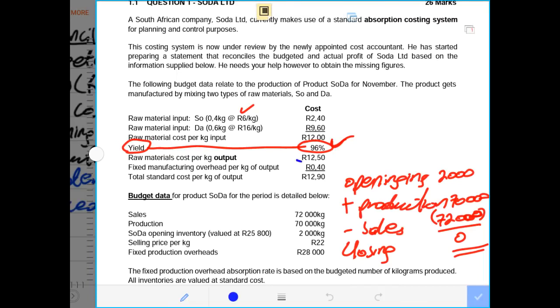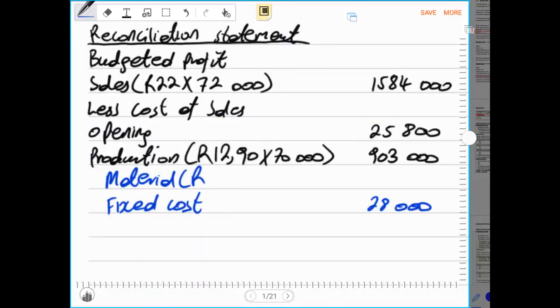So we'll have to take the cost per unit, which is the variable cost per unit only, which is material, 12 rand 50 cents. Then we say 12 rand 50 cents times 70,000 kgs. And for the fixed cost, we could have said 40 cents times 70,000, which is the same 28,000.